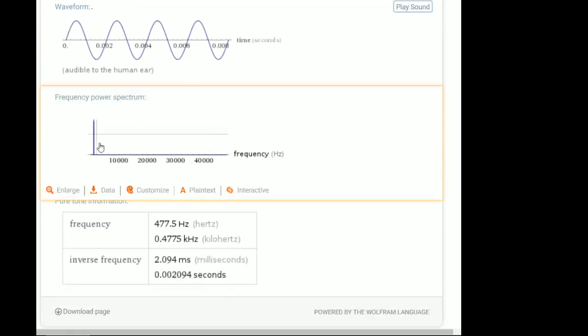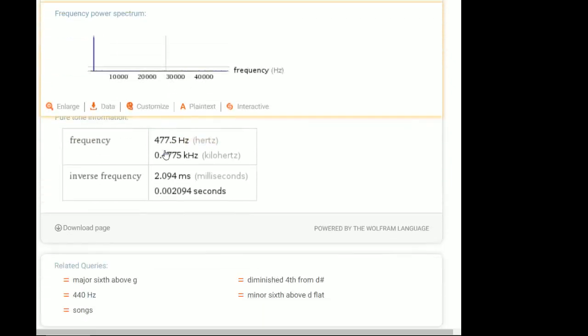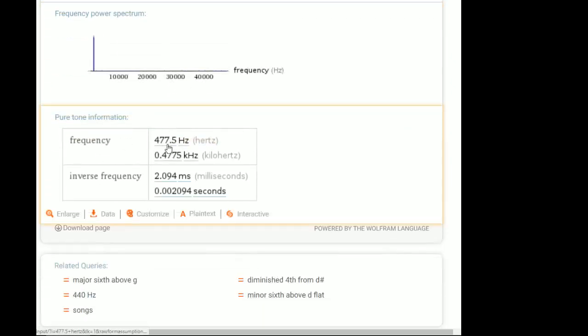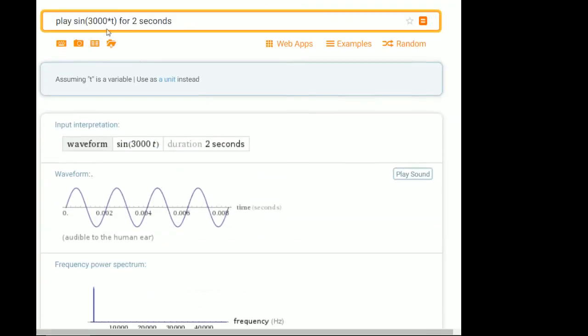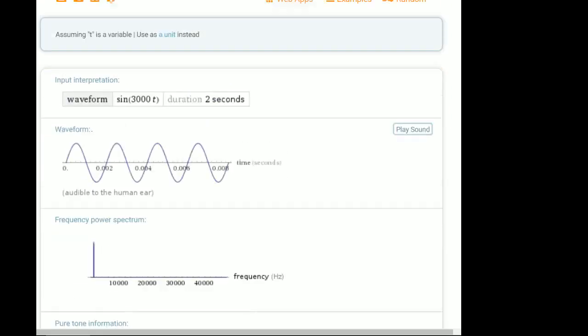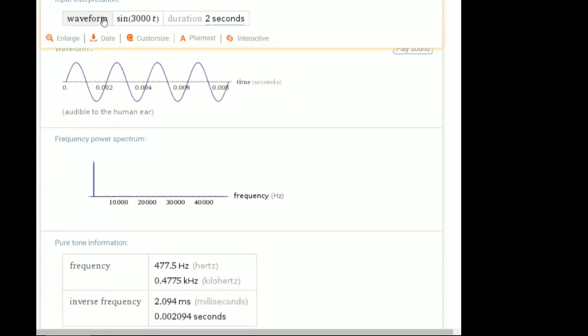If you look at the spectrum, it's just a peak and then nothing else in the frequency. So we know that the frequency is this number divided by 2 pi, because this is 2 pi times the frequency.